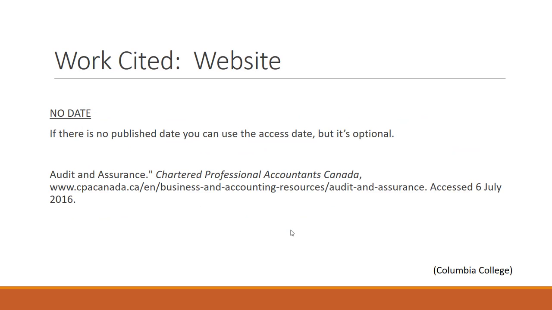Additionally, if there's no date on the website, you can put your access date, but it is optional. So here's one where I've got the title Audit and Assurance, Chartered Professional Accountants Canada, and here's the website, and then the date accessed because I don't have a date on that actual report.